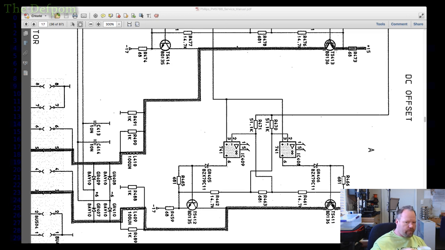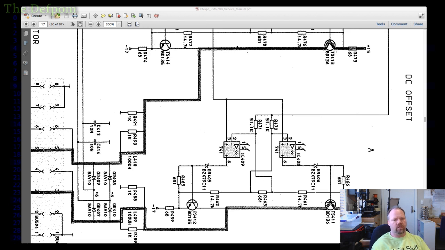Interesting. Maybe we should do a voltage measurement on there. Because if the gate's going to positive, and it's a PNP device, then the emitter must be more than that, shouldn't it?